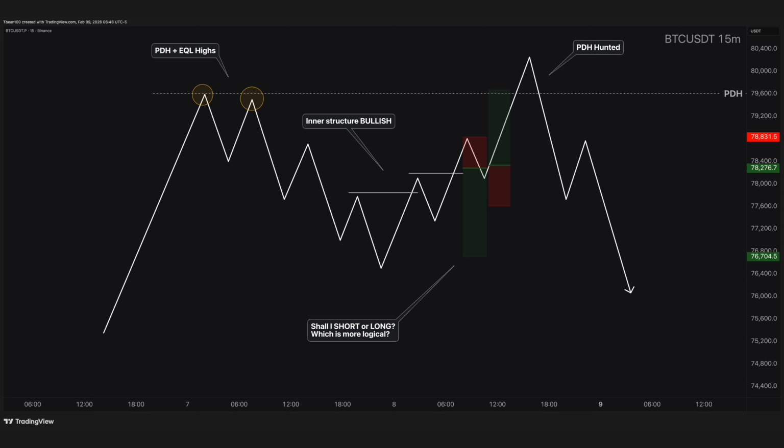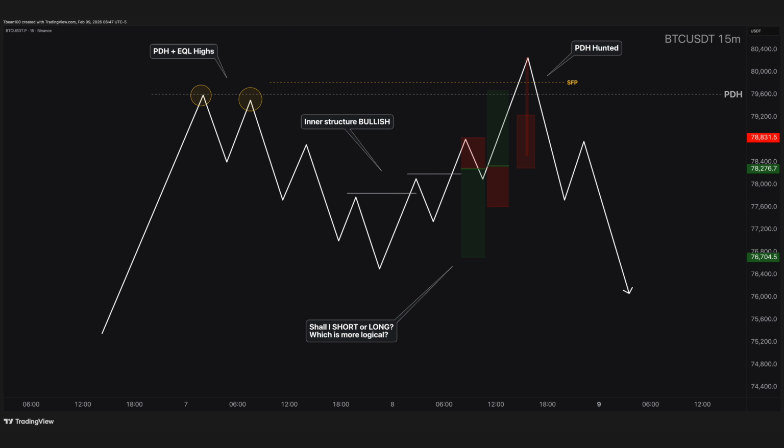But what happens once price reaches and hunts that institutional level? What should we be thinking about at that point? We still need to look for additional clues from the price action before making another decision. For example, is the price getting rejected from that level? Maybe forming something like a swing failure pattern. Another important thing to check is whether the structure has changed and the inner trend has now turned bearish.